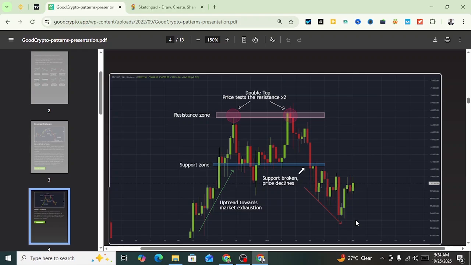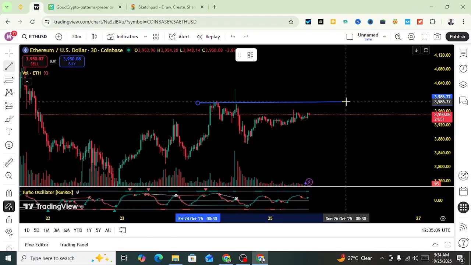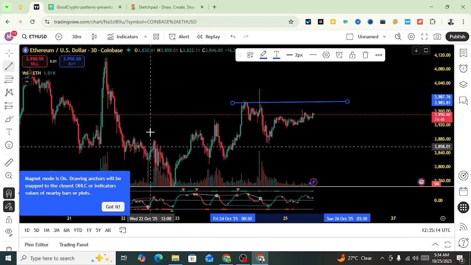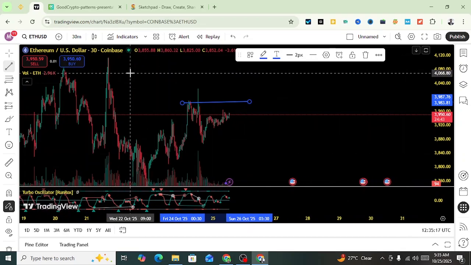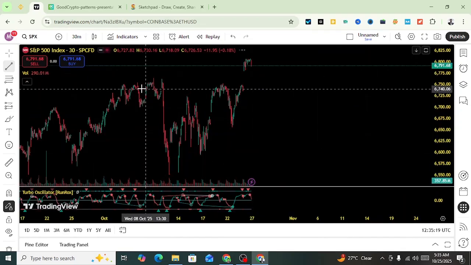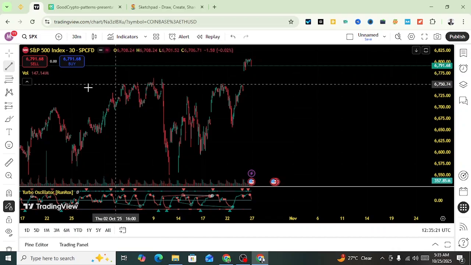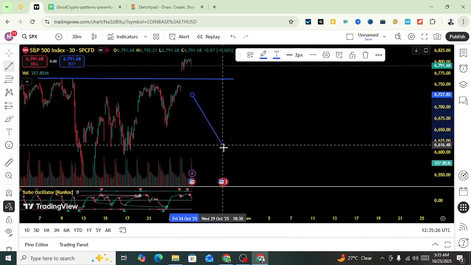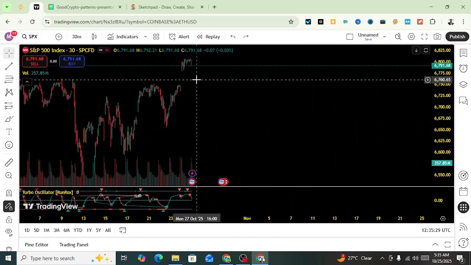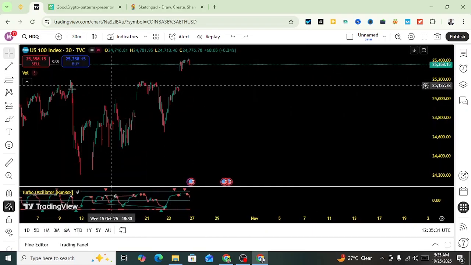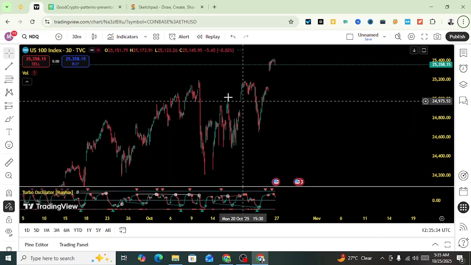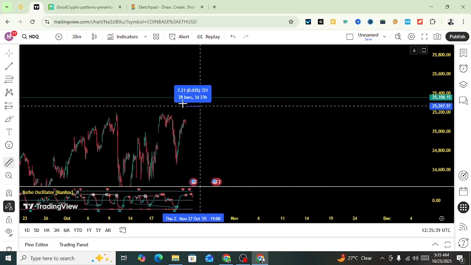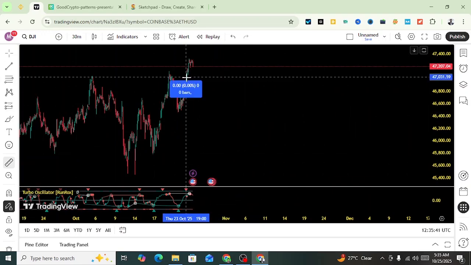You can see this is a zone, the resistance zone. If we look at the history, the market previously crossed that line here. Today the market started from here.